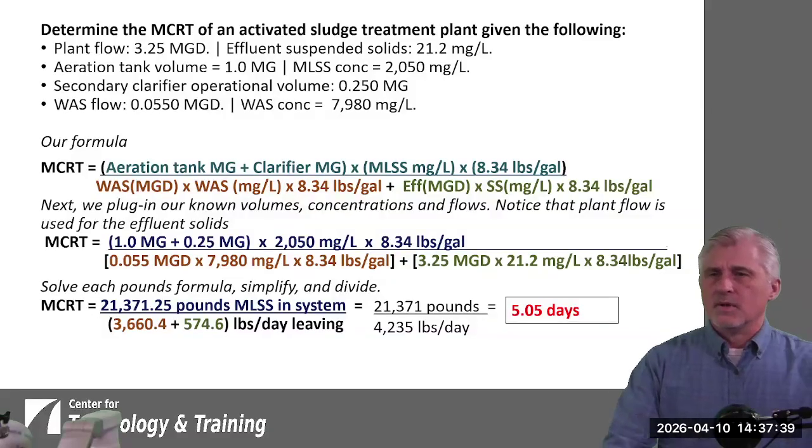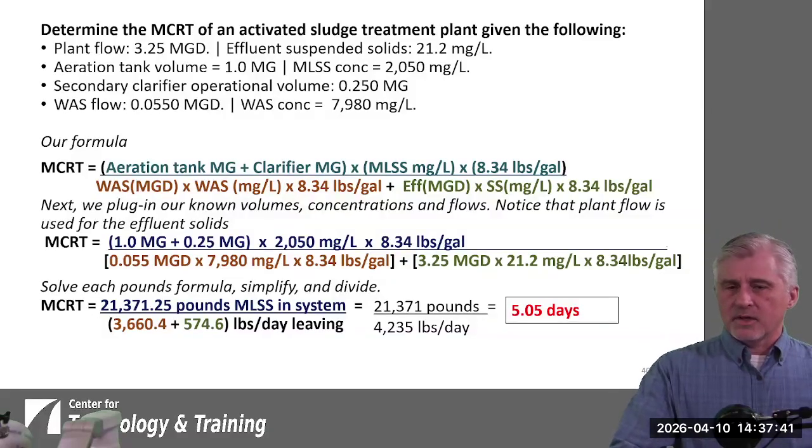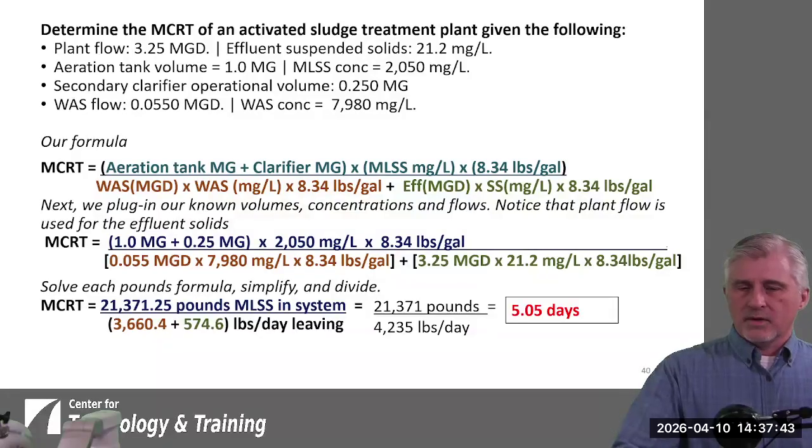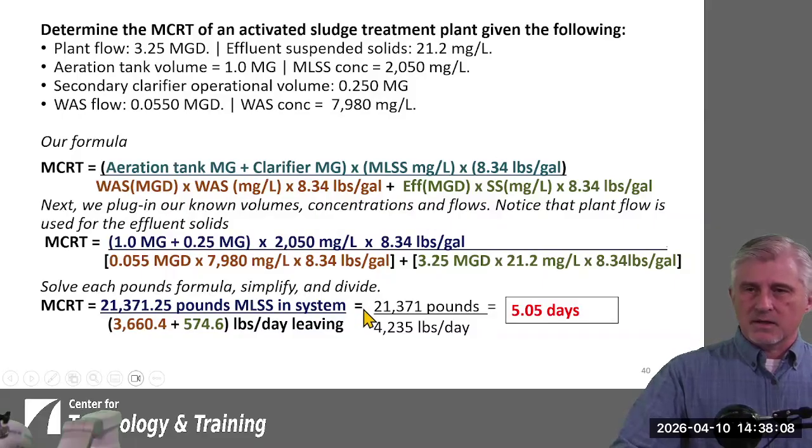So we want to solve the formula. We end up with 21,371.25 pounds MLSS in the system. And we've got 3,660.4 pounds of the waste activated sludge, and we've got 574.6 pounds in the effluent.